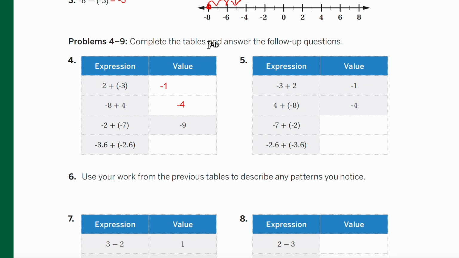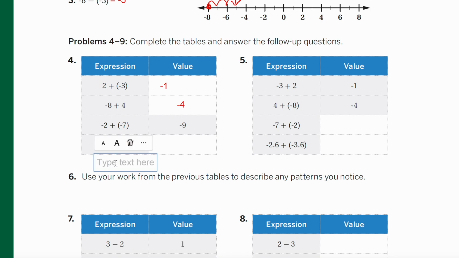Now if we think about it, we're going to start at negative 3.6. It's somewhere over here on our number line. And we're going to move down 2.6 places because we're adding in anchors. So we're going to move down this way. Our answer will be even more negative. And the trick for this one is that we can start by adding together these two things because we're getting more into the negatives.